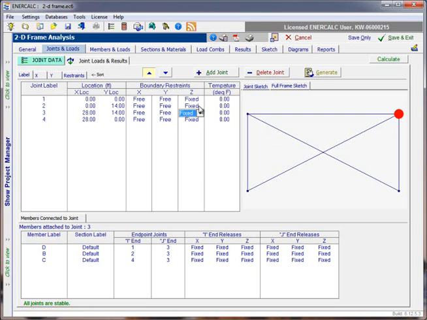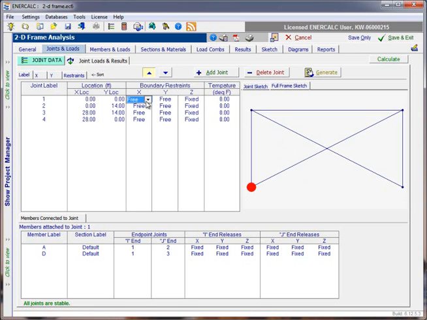Now, in addition to establishing the z rotational degrees of freedom, we also need to satisfy stability in the x and the y direction, and we'll do that at nodes number 1 and number 4 by indicating that we want node number 1 to be fixed against translation in the x or the left to right direction, and fixed against translation in the y or up and down direction.